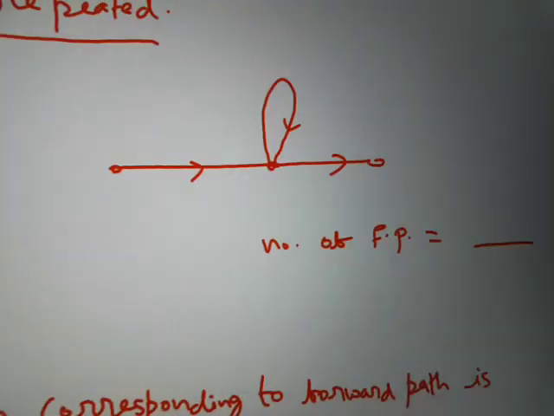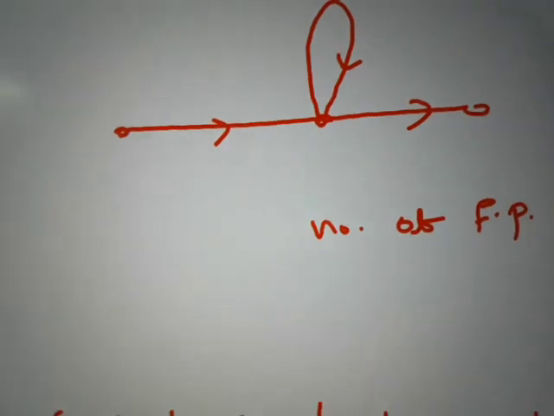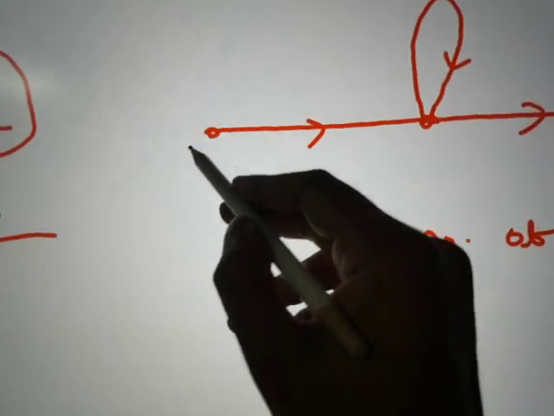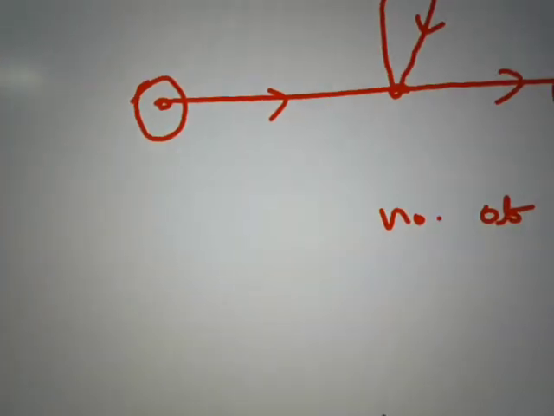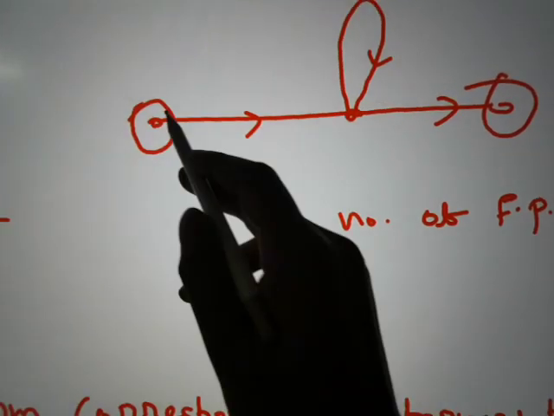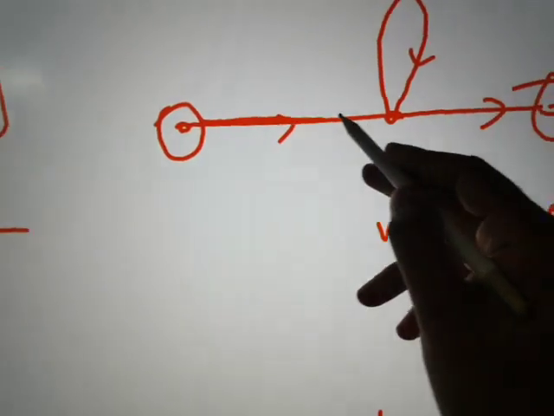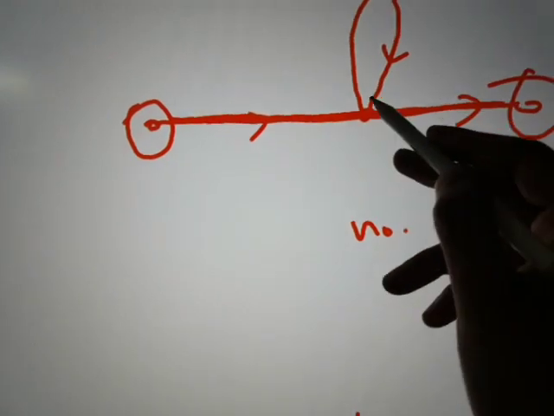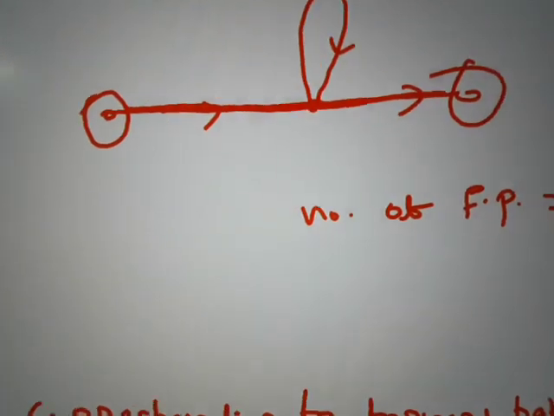Now came another example. Here this is my source node, this is my sink node. From source to sink node we have one path, this one, so this is one forward path.